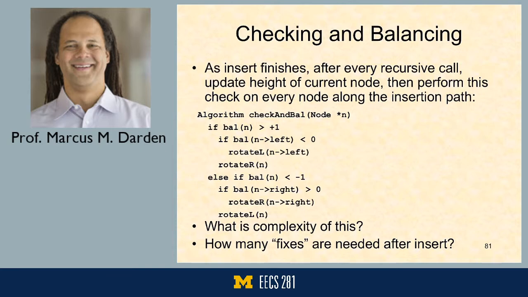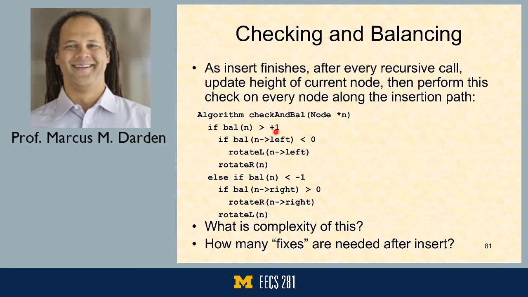And this simple pseudocode lets you see that I've got the basics. If my tree is out of balance, it's a plus 2 or a minus 2, because that's all it can be. We could have put equal in there, but it's just a protection thing to put greater than plus 1. We know that after a single insertion, if it was already balanced, it had to be a plus 1, minus 1, or 0.